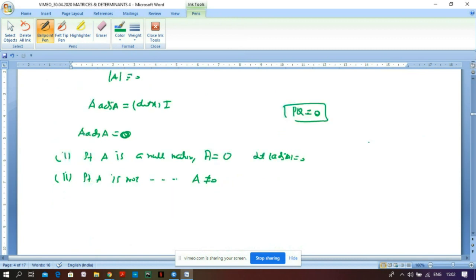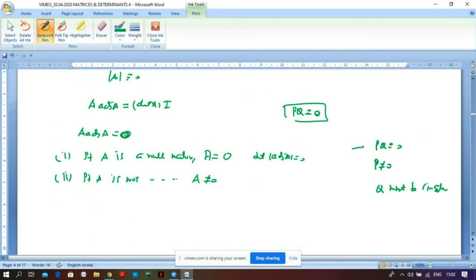Now come back here. PQ is 0 and P is not 0. What can I say about Q? I told you before that if P is not 0 and PQ is 0, means the product of two matrices is 0 and one of them is non-zero, then the other, that is Q, must be singular.